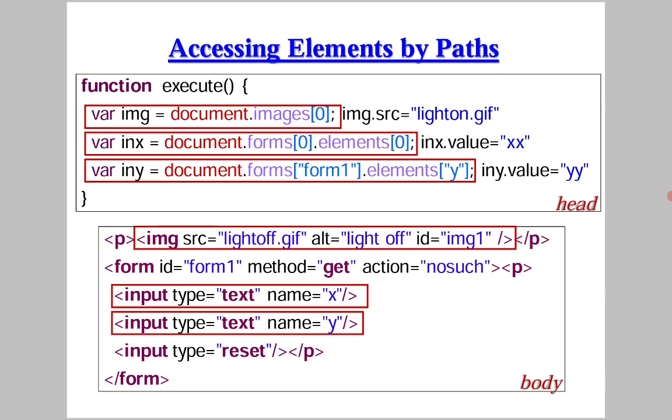Here img is equal to document.images[0]. Suppose your HTML page has 10 images, images[0] means the first image. Similarly, img.src is equal to some file name, like a GIF file, JPG file, or JPEG file.